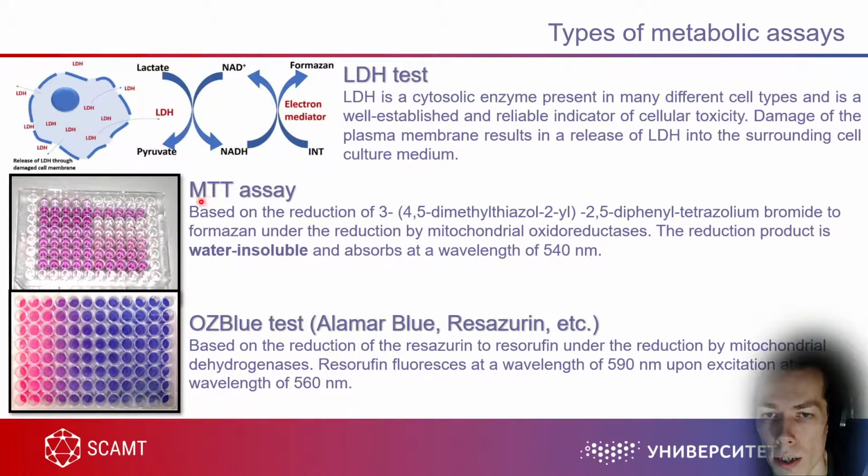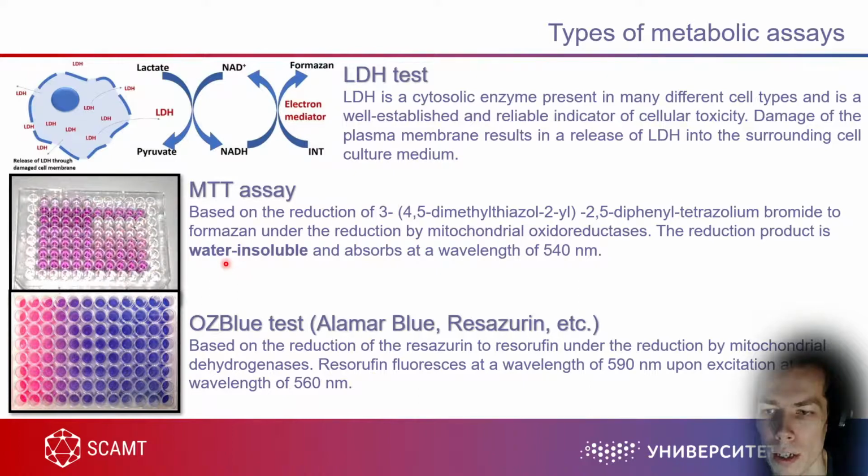There are some additions to the MTT family, not just MTT but the TT family, let's say, because there is XTT, WST, and so on. And the main difference between all of the assays of this family is that some of these assays are water soluble, and some of them are more, let's say, precise, more accurate when counting the cell amount, because, for example, for the MTT assay, there should be no less than 10,000 cells in your culture well, in each well.